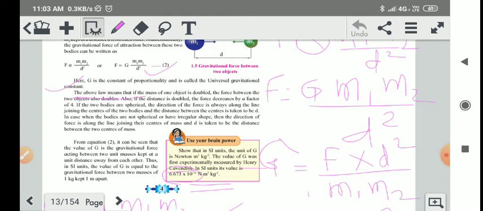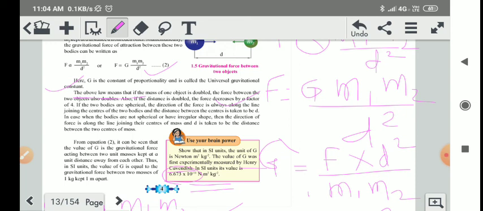And the formula becomes F is equal to G into m1 into m2 divided by d square, where G is the universal gravitational constant, m1 is the mass of the first object, m2 is the mass of the second object, and d is the distance between them.